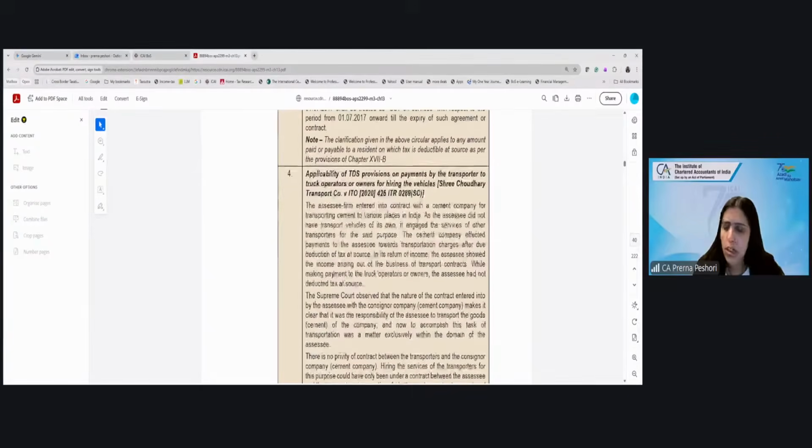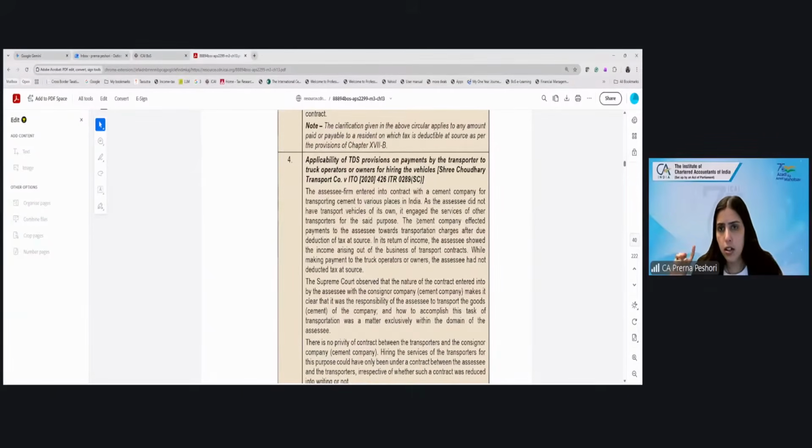So, here, this is a Supreme Court ruling in the case of Sri Chaudhary Transport Company. Here, the firm had entered into a contract with a cement company for transporting the cement to various places in India. Now, the transporter did not have its own transport vehicles, so it engaged the services of truck operators to transport the cement.